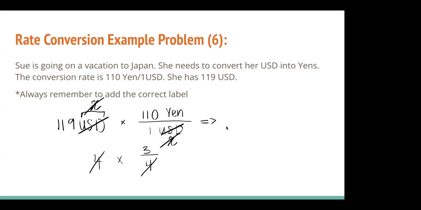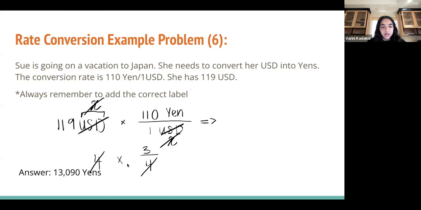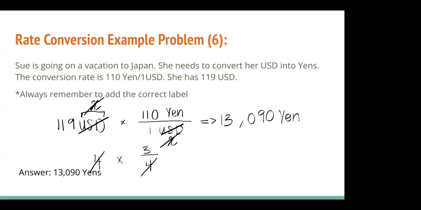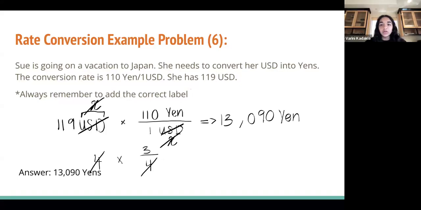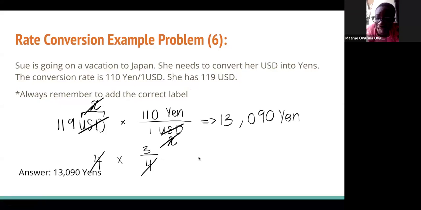Yeah, so then you'd multiply it out, and you get 13,090 yen, right? How did you get the answer? You multiply the 119 by the 110.